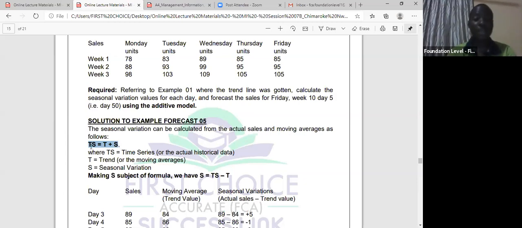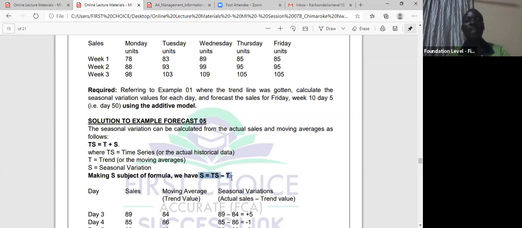So this equation can help you know that TS is equal to T plus S. Now you want to get your seasonal variation. It means you have to make seasonal variation the subject of the formula. So if S is the subject, this T will move over here. So it will become TS minus T. So you see here, S is TS minus T.